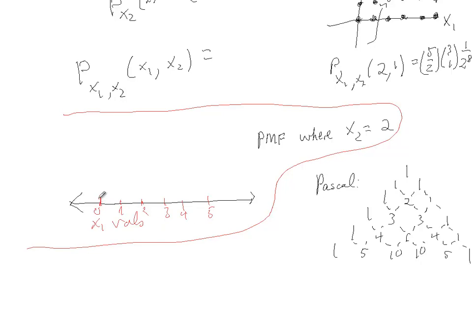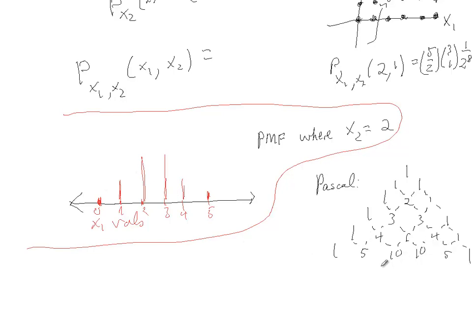This one is going to be 5 times as big. This one is 10 times as big. This is 10 times as big. This is 5 times as big. This is 1 time as big. Now, what the actual heights are, you'd have to multiply by the probability that x2 is equal to 2. But the ratios of these heights are going to look exactly like the ratios here.